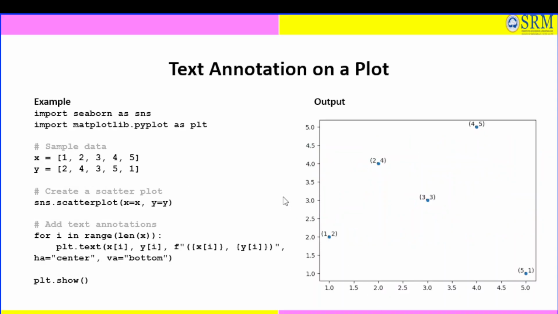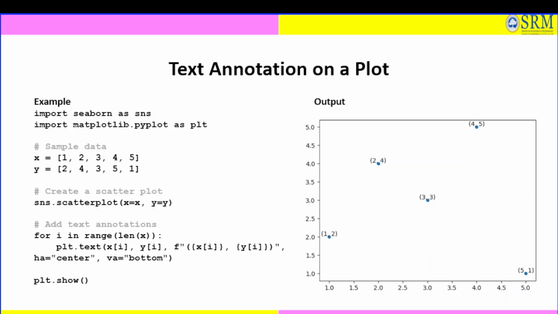Then text annotation on a plot. Suppose you are working on research papers or research articles, or data science projects, the scientists want to annotate some of the plots, saying this is an outlier, or this is something very important in our data set.